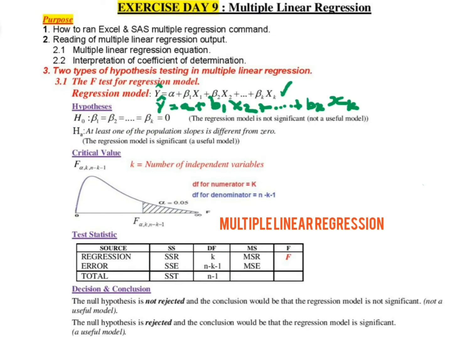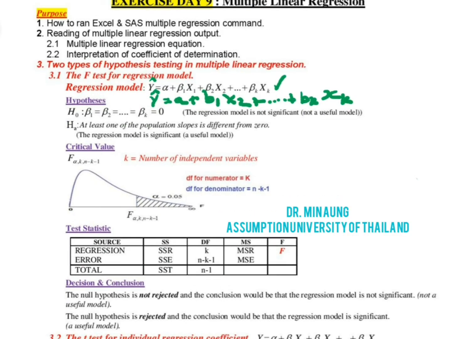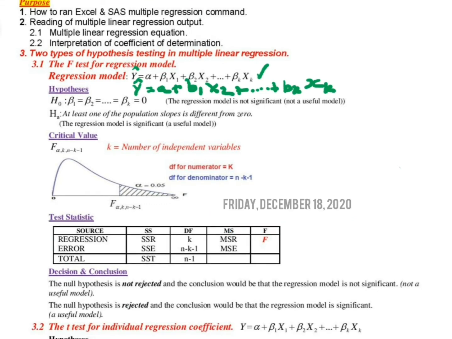This test is called the global test of significance of the regression model. The regression model is not significant, H0, or not useful, if all beta 1 to beta k are 0.